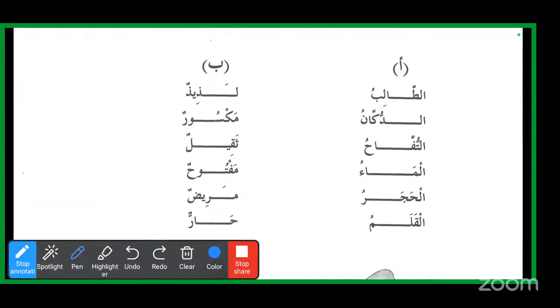الطالب مريض. Maridun, correct. And then الدكان مفتوح. Maftuh, correct. And then التفاح تفاح لذيذ. Ladhidh.